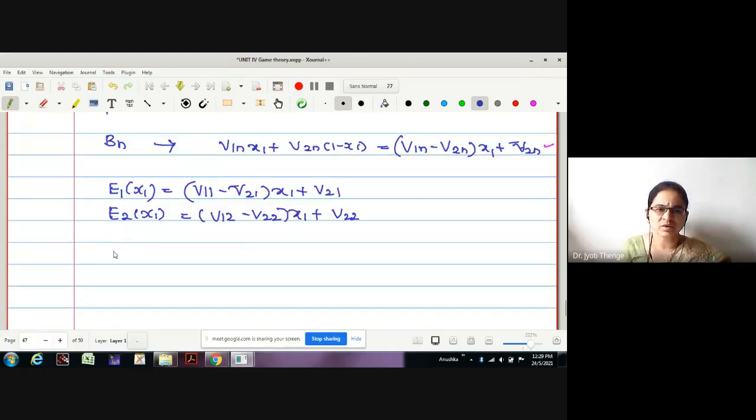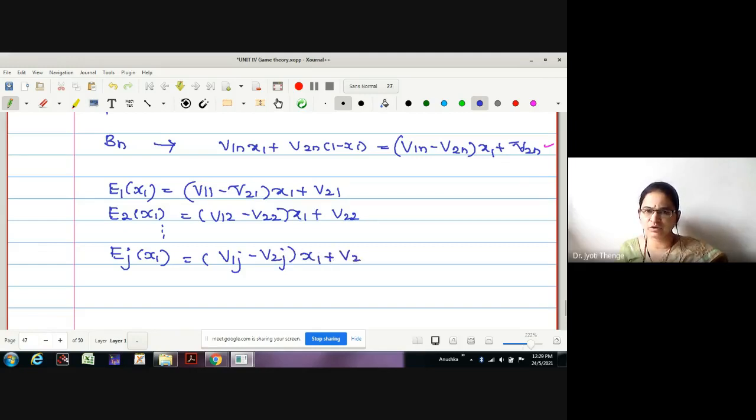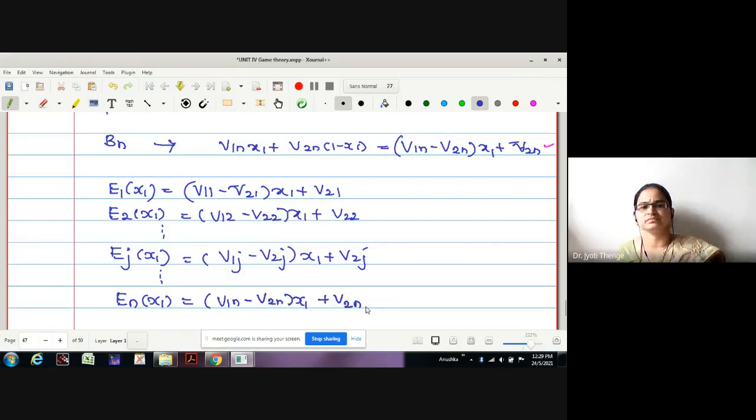Continuing this, somewhere I will write some j term, Ej of x1. Can anyone tell me what Ej of x1 is? Is it (V1j - V2j) x1 + V2j? Let me continue with the nth expectation, En of x1: (V1n - V2n) x1 + V2n.